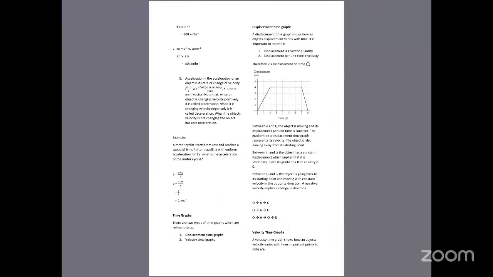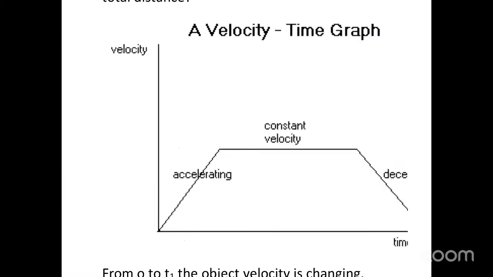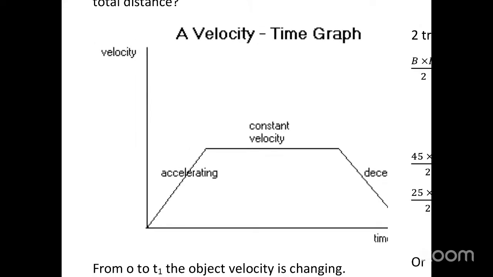And then in the last graph, the velocity time graph, the gradient of the graph is the acceleration. So the gradient of a graph like this is the acceleration, here positive, here negative.